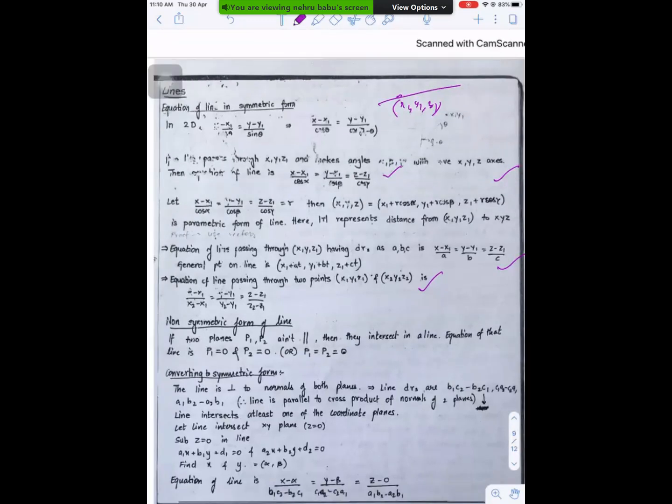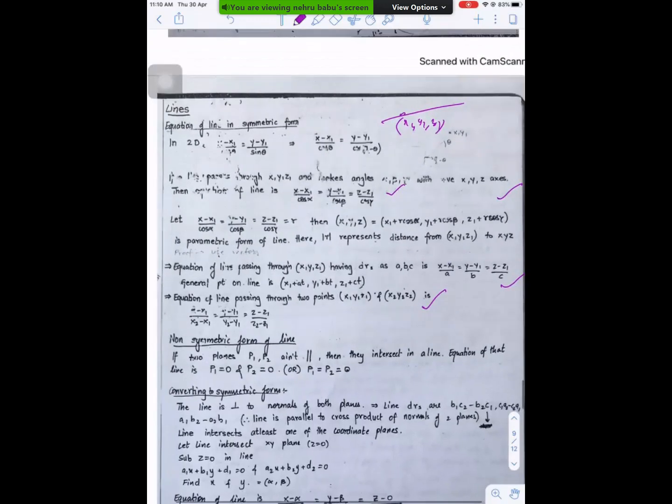Or if the line passes through two points x1, y1, z1 and x2, y2, z2, we know how to find the DRs: just the difference of the coordinates. So x minus x1 by x2 minus x1 equal to y minus y1 by y2 minus y1 equal to z minus z1 by z2 minus z1. This is called the symmetric form of a line.